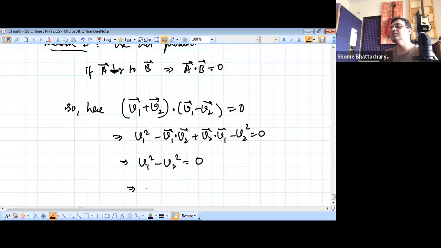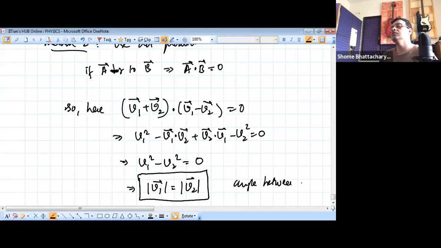So that tells us that the magnitude of V1 must be equal to the magnitude of V2. That's one thing. And see, nowhere is there a constraint on the angle between them. So the angle between V1 and V2 can be anything between 0 and 180.